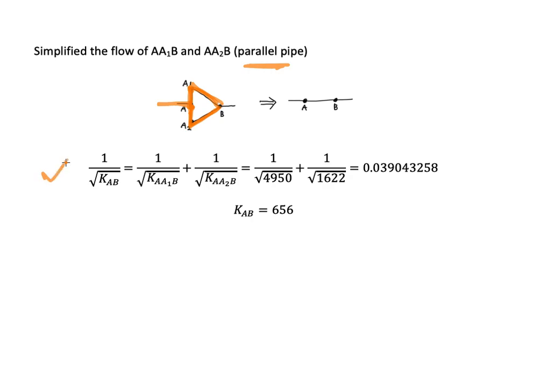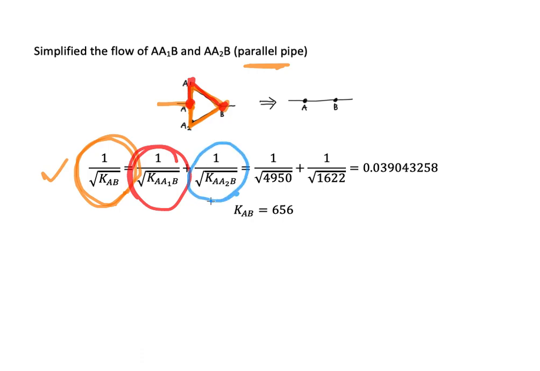If we want to calculate the total resistance between point A and point B here, we need to calculate 1 over square root K AB is equal to 1 over square root K A1B. That is the calculation from this point to this point and to this point, plus the calculation from this point to this point and this point.